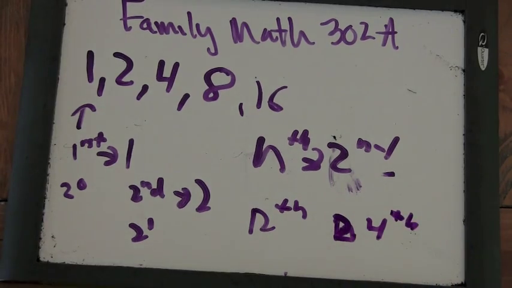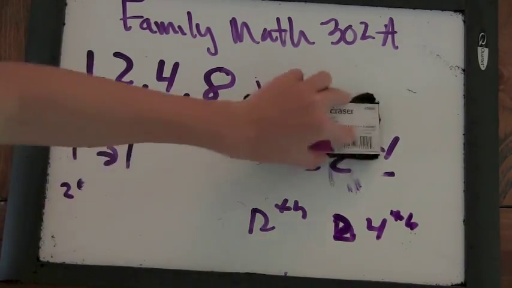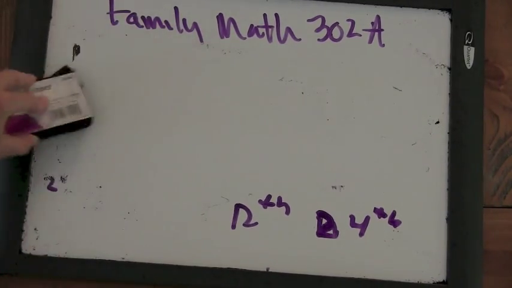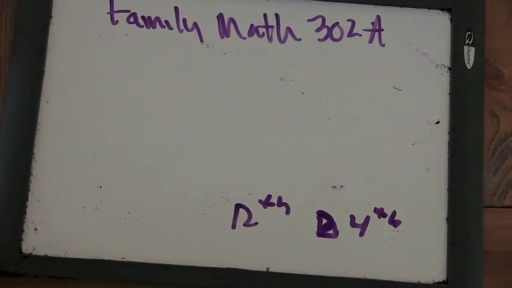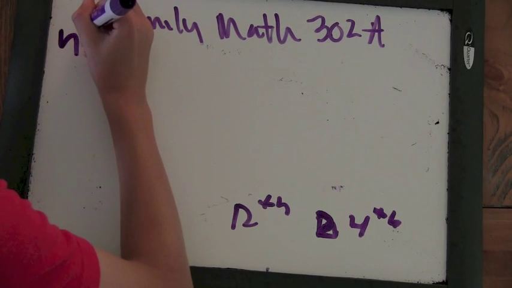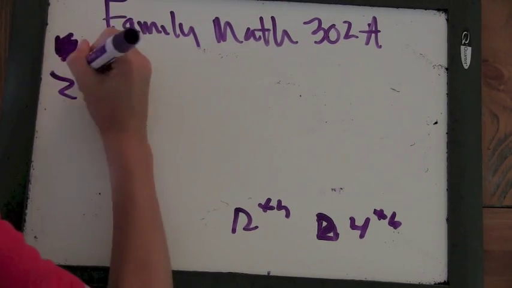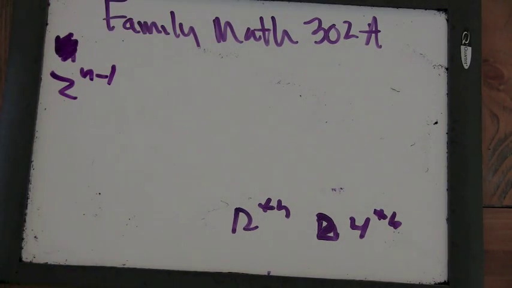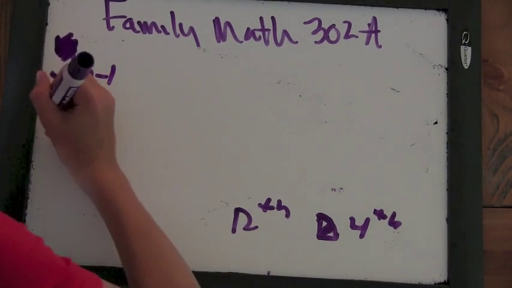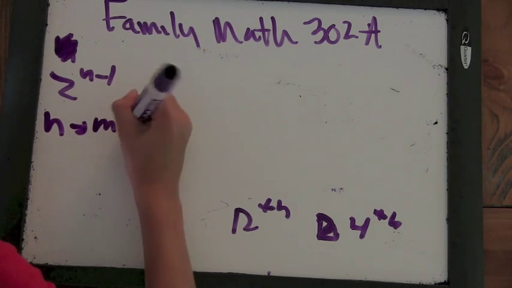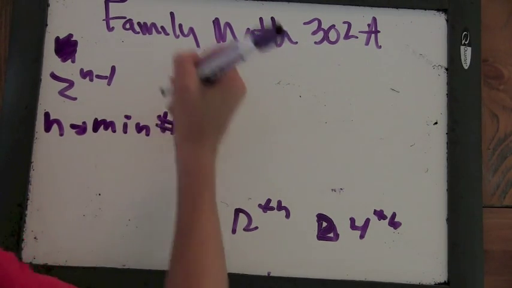And now we could figure this out by using the formula. Our formula was 2 to the n minus 1, where n is the minute number.